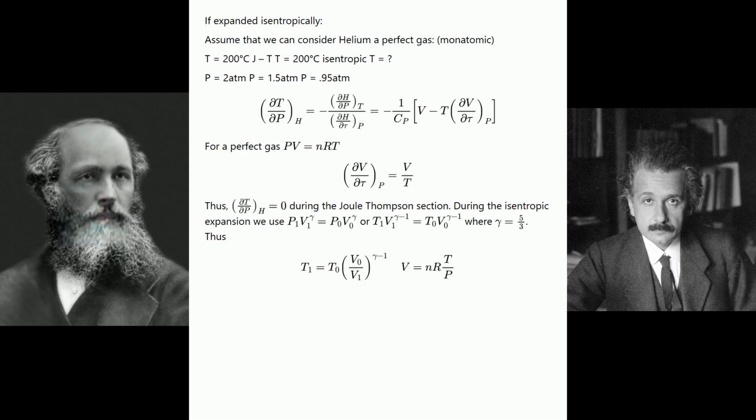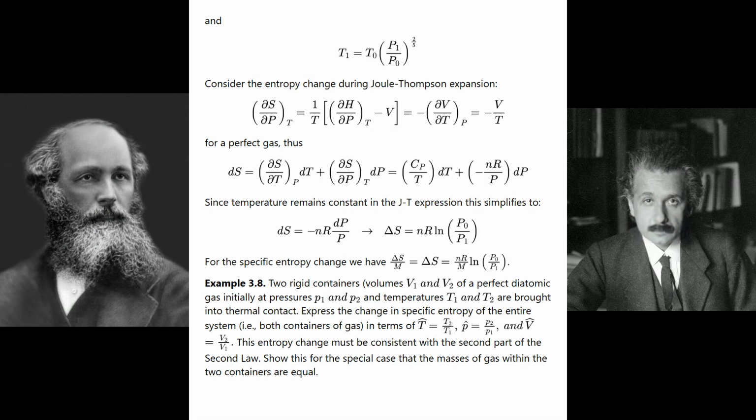Thus, the partial derivative of T with respect to P at constant H equals 0 during the Joule-Thomson section. During the isentropic expansion we use P sub 1 V sub 1 to the gamma power equals P sub 0 V sub 0 to the gamma power, or T sub 1 V sub 1 raised to the gamma minus 1 power equals T sub 0 V sub 0 raised to the gamma minus 1 power, where gamma equals 5/3. Thus, see the next equation. And see the next equation.